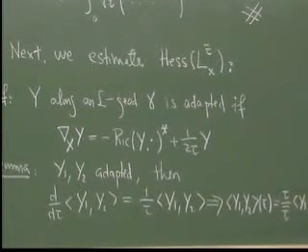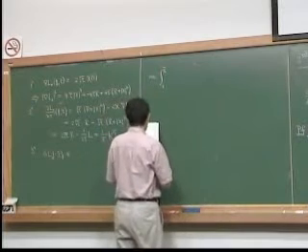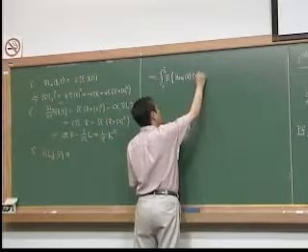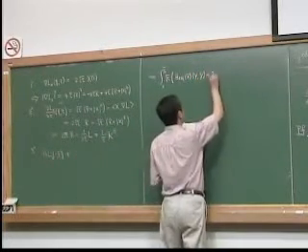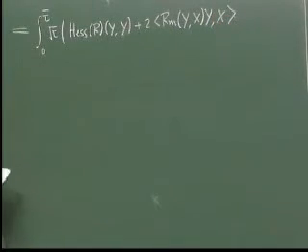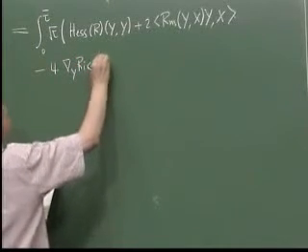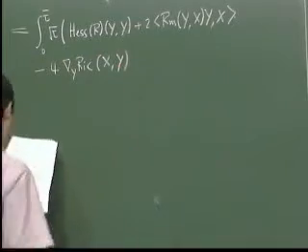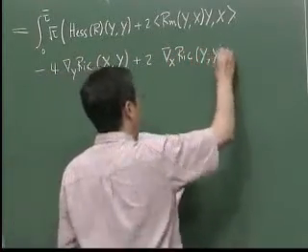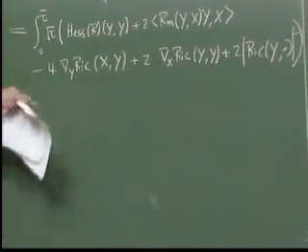So I get the integral from 0 to tau bar of the square root of tau times the Hessian of R of Y, where Y is an adapted field, plus twice the Riemann curvature, minus 4 times dY Ricci of XY, and plus 2 of Ricci of YY, and integrate against d tau.